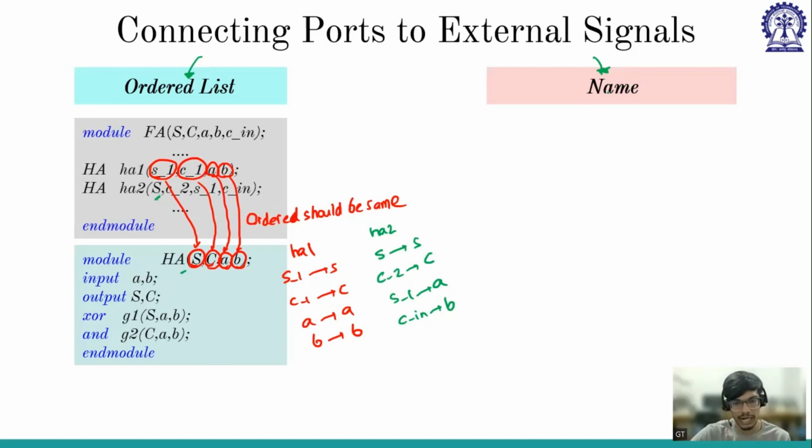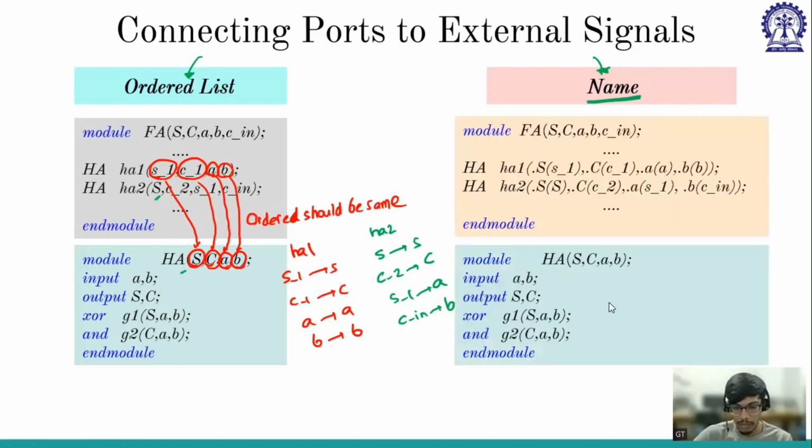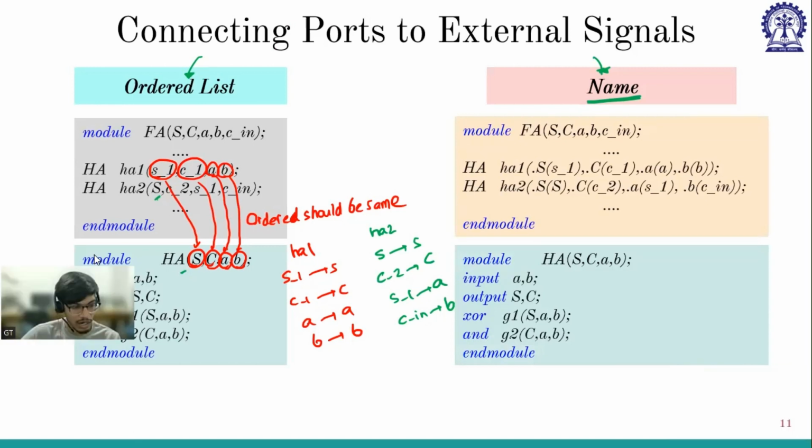So here we will tell Verilog which port should be connected. In the previous case, Verilog is connecting the ports by the order, so whatever order we write, it will directly connect.